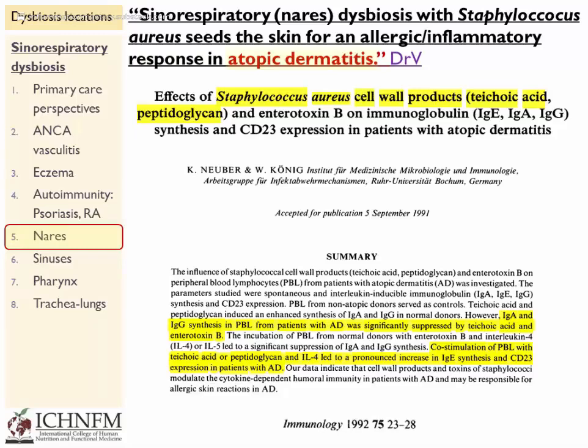And you can see in the second quote that I highlighted, co-stimulation of peripheral blood lymphocytes with teichoic acid or peptidoglycan led to a pronounced increase in IgE synthesis in patients with atopic dermatitis. So again, my model, we might say, of atopic dermatitis is that it is fundamentally an allergy, a bacterial allergy directed against Staphylococcus aureus on the skin. I think the current research bears out that model very well.